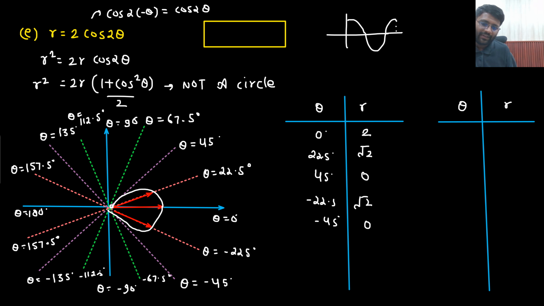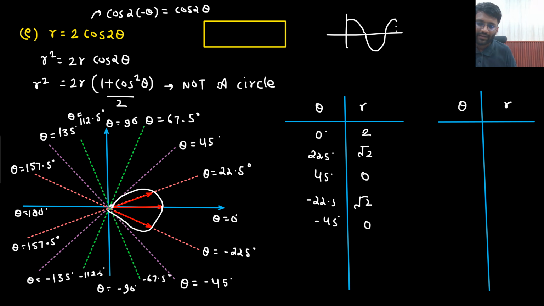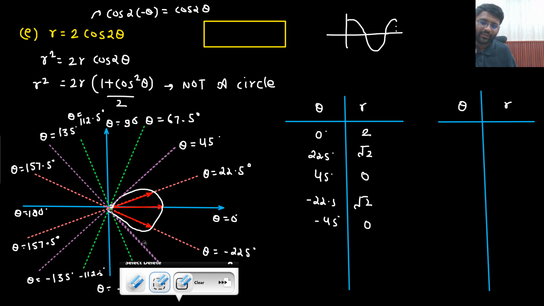So this is your 45 degree. Between 45 degrees and minus 45 degrees, you have got one lobe in this manner.